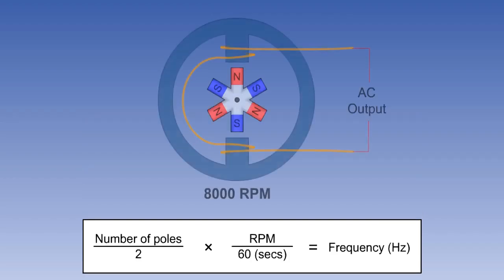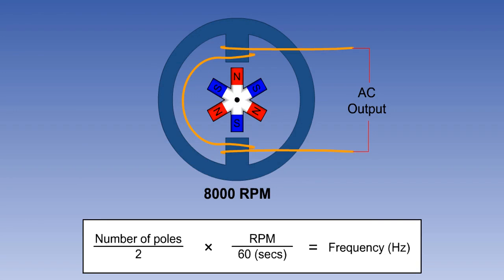For example, a 6-pole generator rotating at 8000 rpm will have an output frequency of 6 divided by 2, multiplied by 8000 divided by 60, which is 400 Hz. We can see from this that the frequency of an AC generator is dependent on the rotational speed and the number of poles in the field.